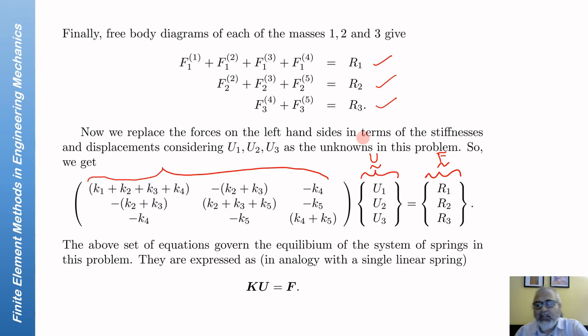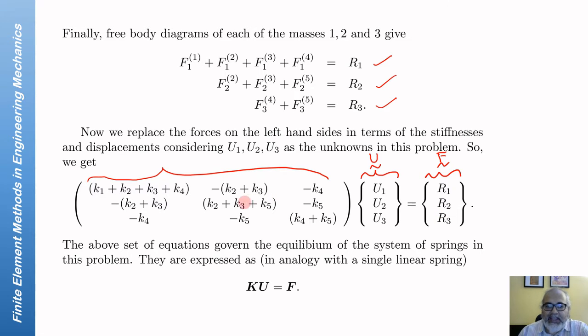Now the stiffness does not connect a single scalar displacement with a scalar force, but it connects a bunch of displacements at different points in the structure to a bunch of externally applied forces at the same points on the structure.